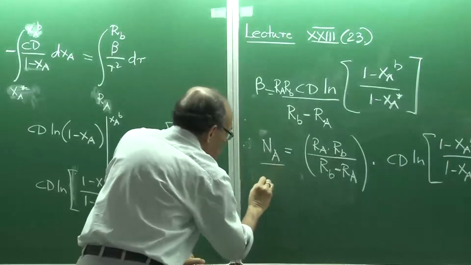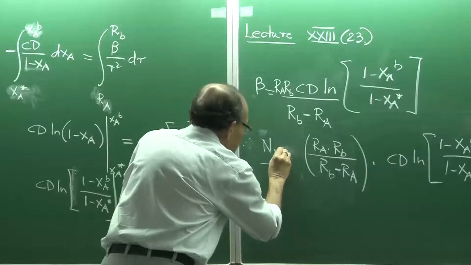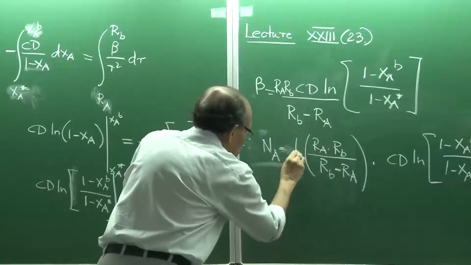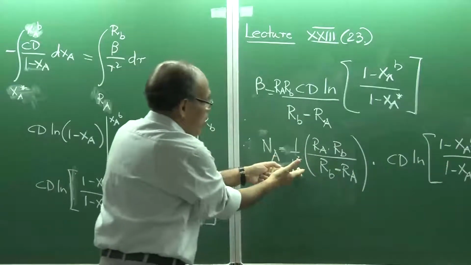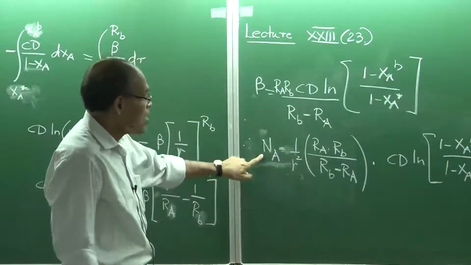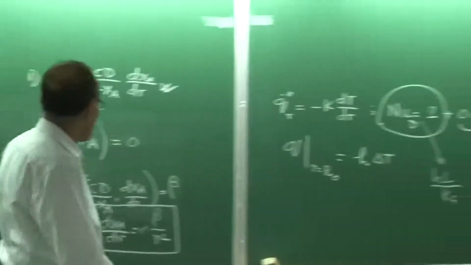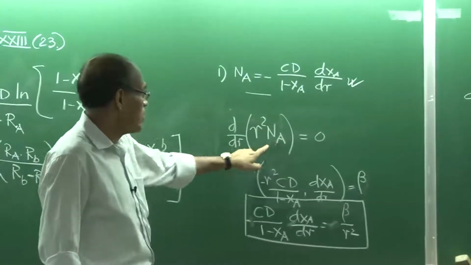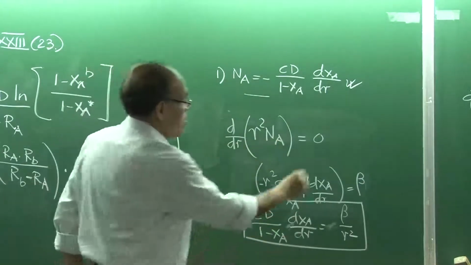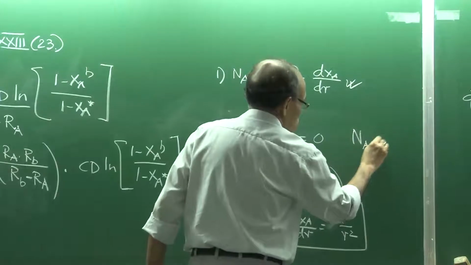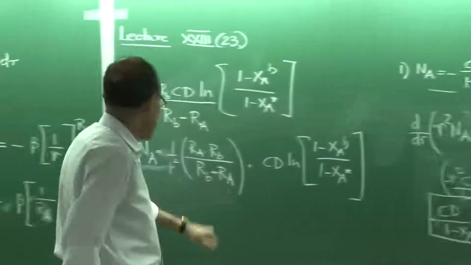So this is N_A, which is going to be equal to, that is the expression of flux, 1 by r square. Because the entire thing is beta, I have divided it by r square. So the flux is actually a function of r square, and that is what it shows, that from this particular equation, r square N_A is constant. So, therefore, N_A is inversely proportional to r square. That is the implication of this equation, and that is reflected here.